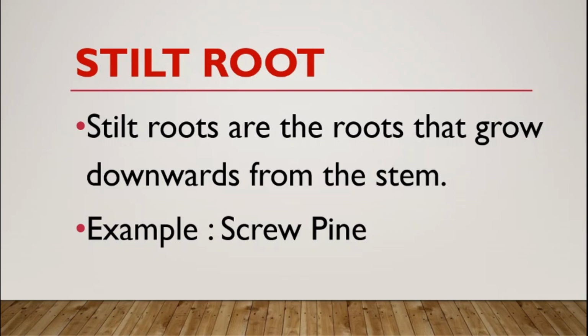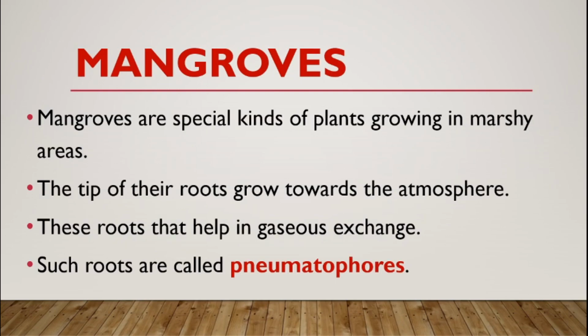So, our next topic is mangroves. Mangroves are special kinds of plants growing in marshy areas. Marshy area means an area of land where water covers ground for long period of time. Now the tip of their roots grow towards the atmosphere.